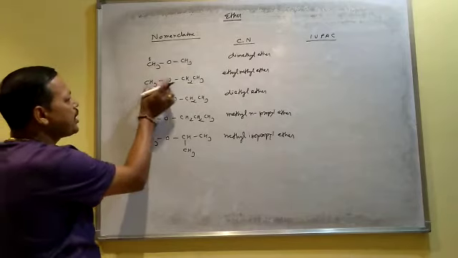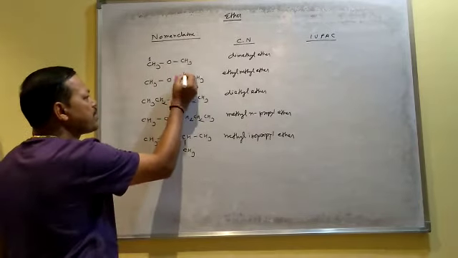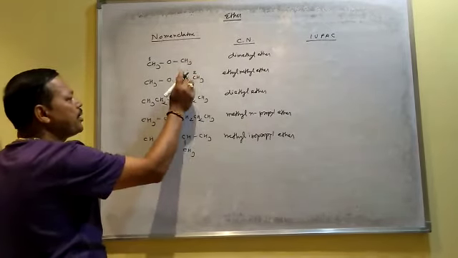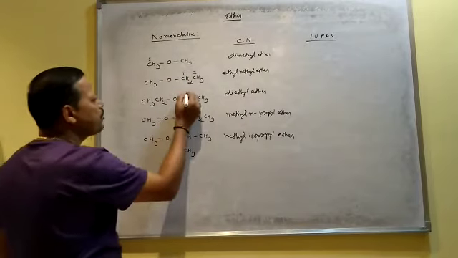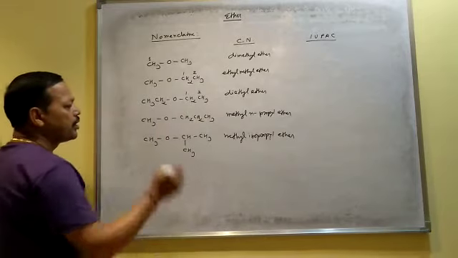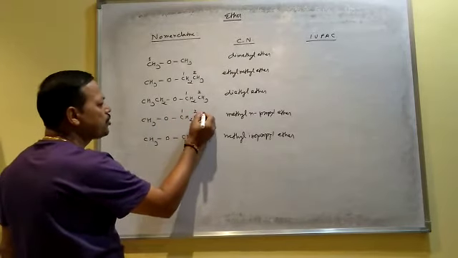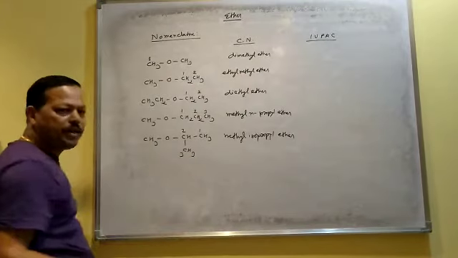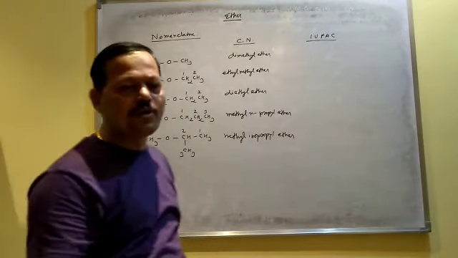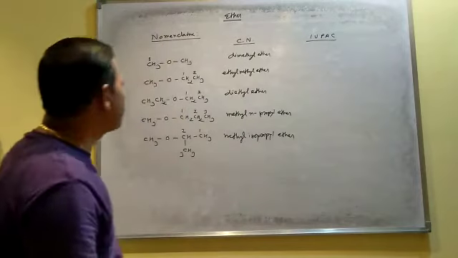Here this side one carbon, this side two carbon. So you have to number on this side, 1, 2. Here both sides same carbon, so 1, 2. Here this side 3 carbons, so 1, 2, 3. I mean, on that side you have to do numbering where it contains more carbons.